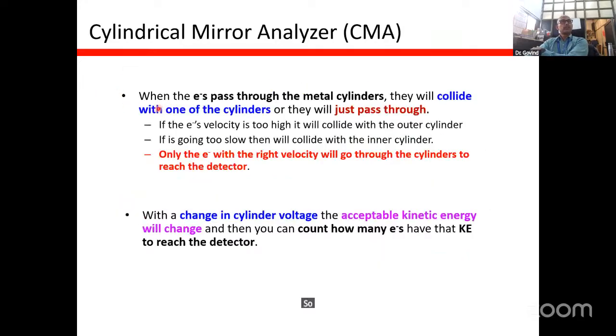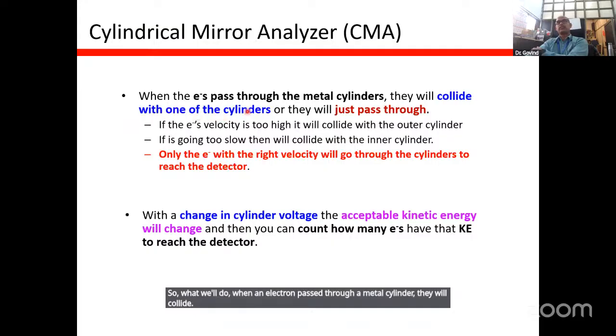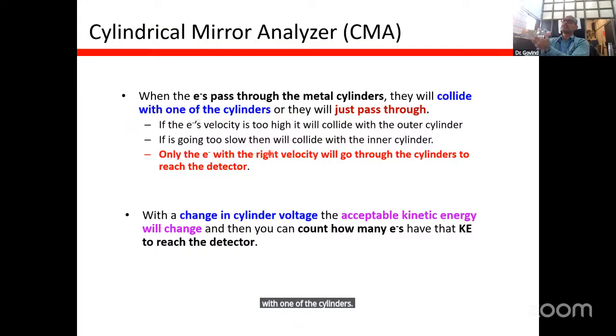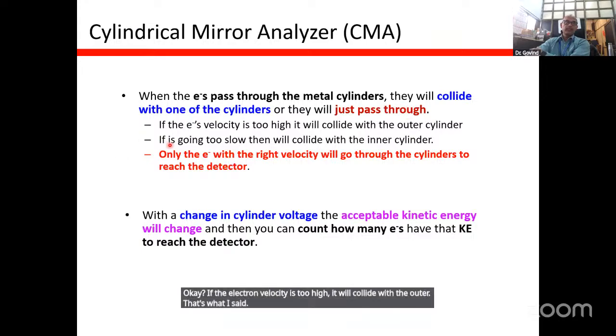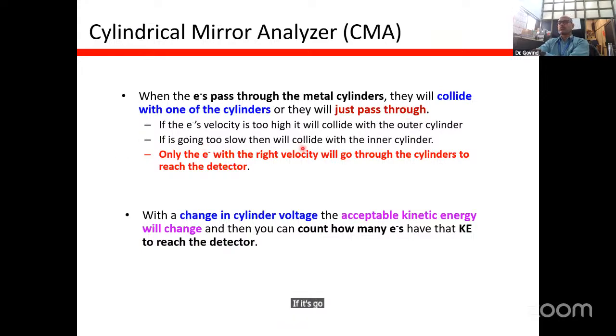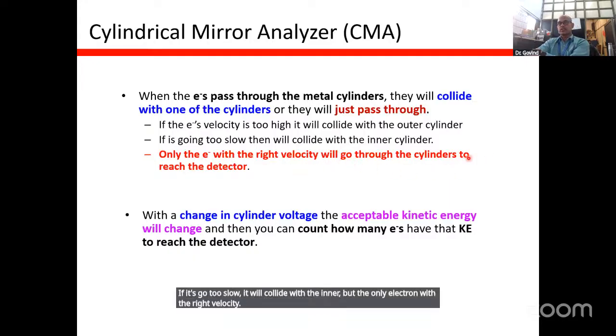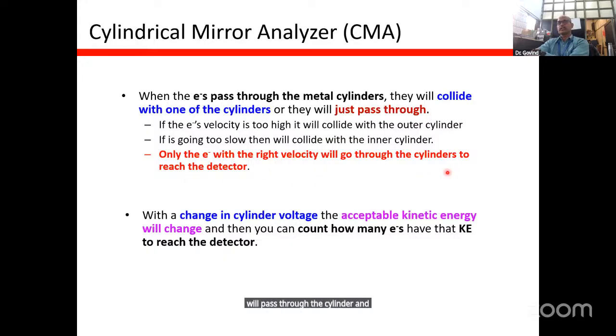So when an electron passes through the metal cylinders, it will collide with one of the cylinders, or it will just pass. If the electron velocity is too high, it will collide with the outer one. If it goes too slow, it will collide with the inner one. Only the electron with the right velocity will pass through the cylinder and reach the detector.